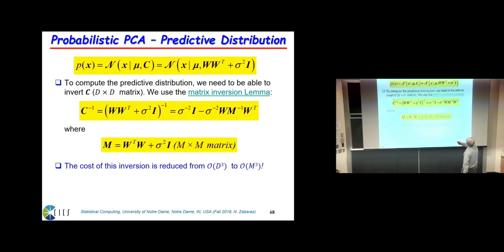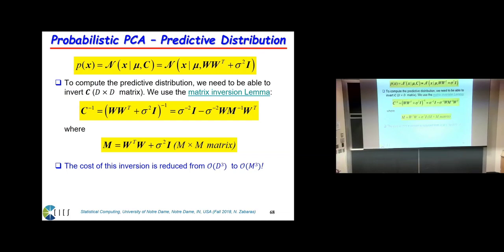All right, so this is the likelihood. As we said, we're going to compute W and sigma squared by maximizing the likelihood. If you take the log likelihood or expand the Gaussian, you will have to invert this covariance matrix. You remember in the Gaussian's exponent there's an inversion of the covariance.